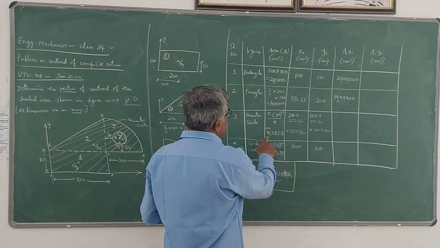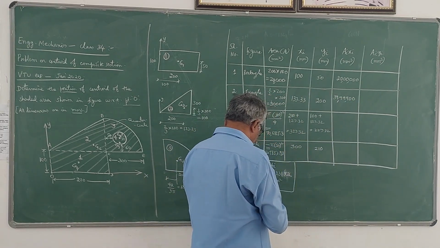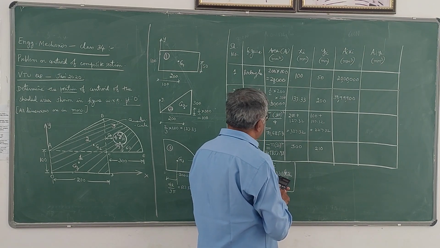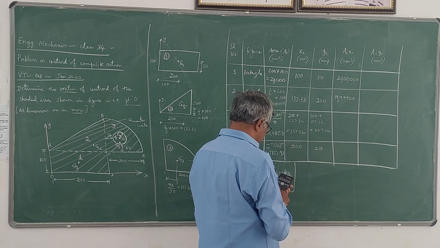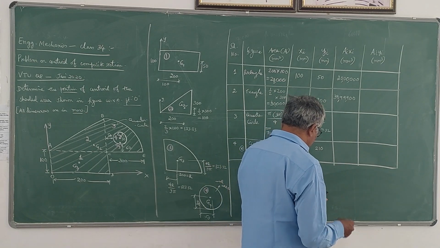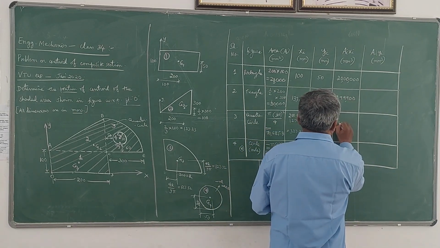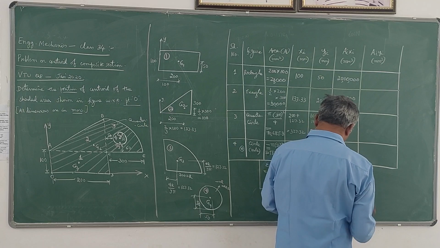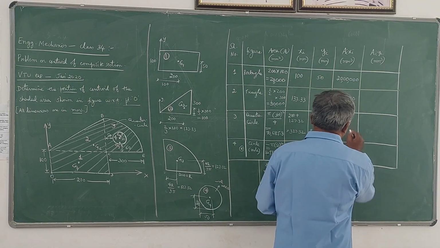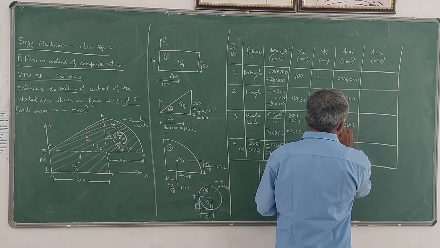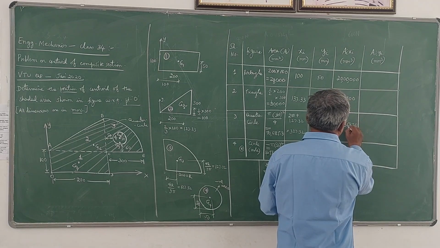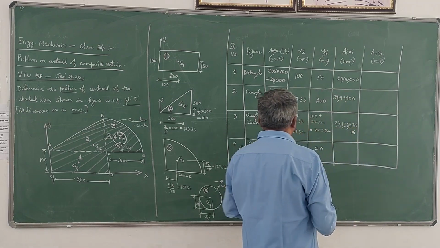Then quarter circle product is 70,685.8 multiplied by 327.32. So the value is 23136876.06. Please check the values once again using the calculator.